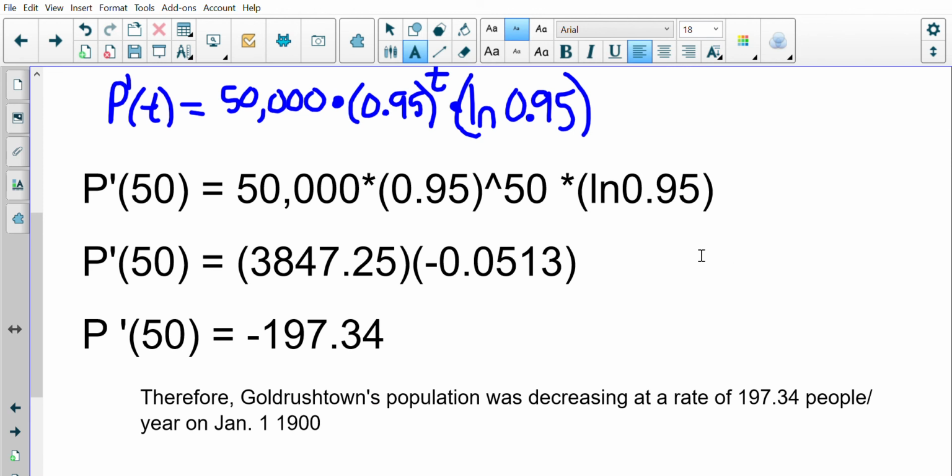And there we go. We found out how many people were in the town at a certain specific time, and we also found at the same time how many people on average were leaving at that particular time.